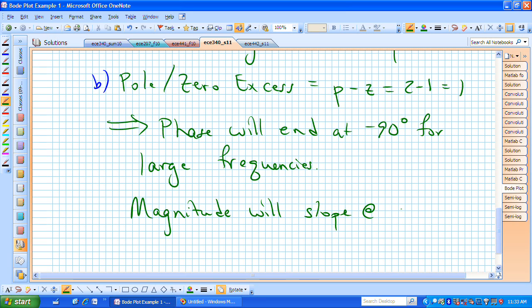It's going to slope at minus 20 dB per decade.